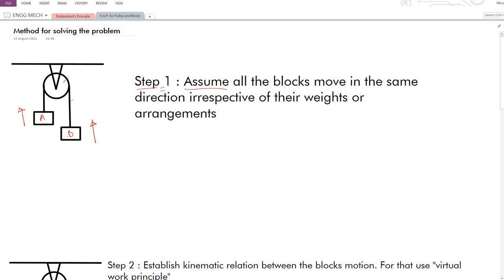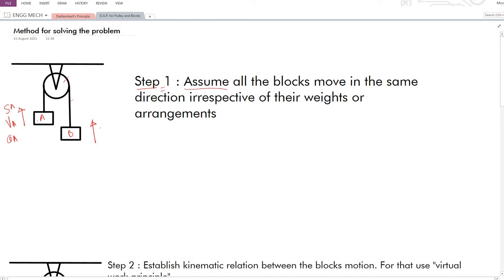Therefore if this is block B and this is block A, then whatever displacement block A makes will be upward. Thereby if you differentiate displacement, you get velocity. Velocity of block A will be upward and acceleration of block A will be upward.